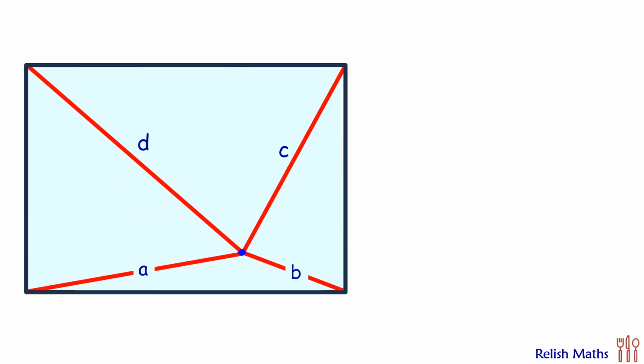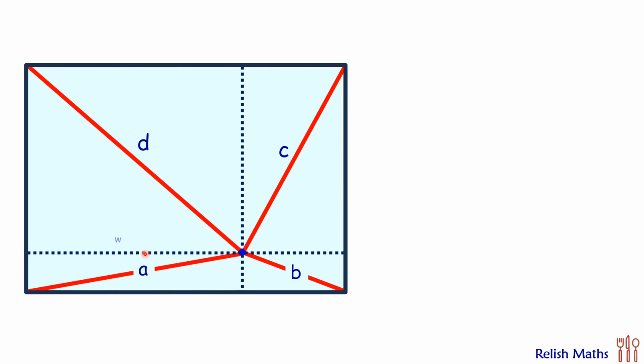Let's see the proof of British Flag Theorem. From the point which we have selected inside the rectangle, we are drawing a vertical line parallel to the height of the rectangle and a horizontal line parallel to the length of the rectangle.